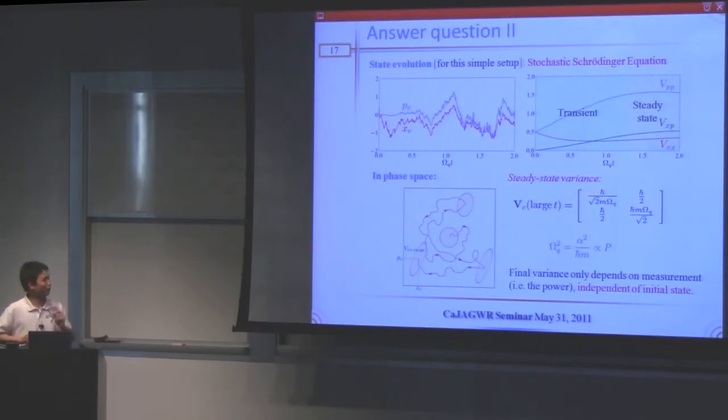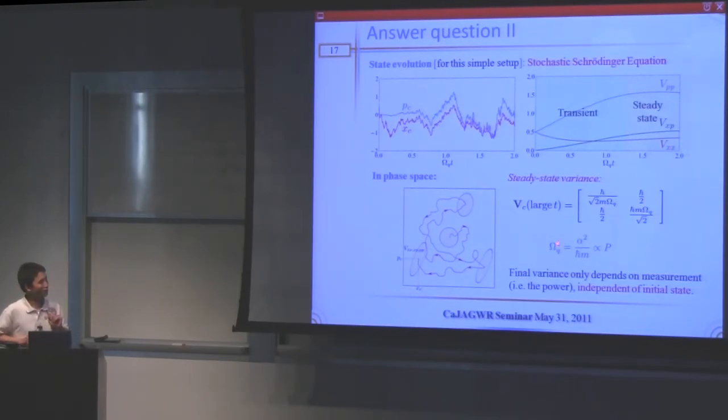And then for large T, you get this very nice equation here for the final uncertainty for the position and the final uncertainty for the momentum, and this is the correlation between position and momentum.